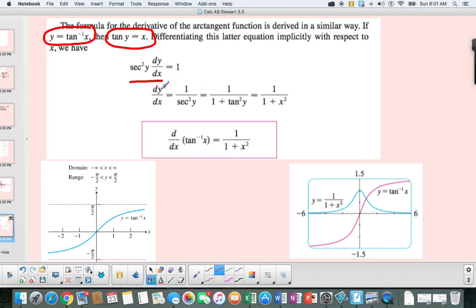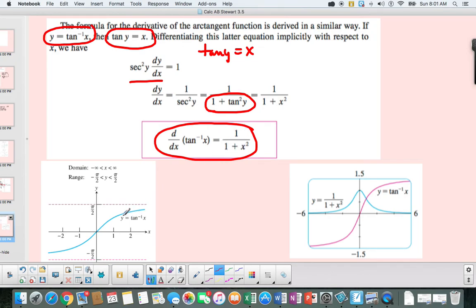And then I'm going to say dy/dx is equal to 1 over secant squared y, and then we're going to use an identity to substitute. And what is right here, tan y is equal to x. So I'm just going to replace it with x squared. And this will be the formula for the derivative of tan inverse.